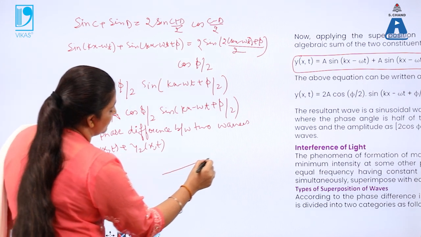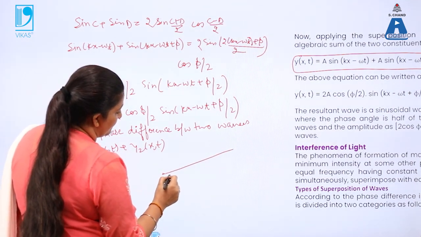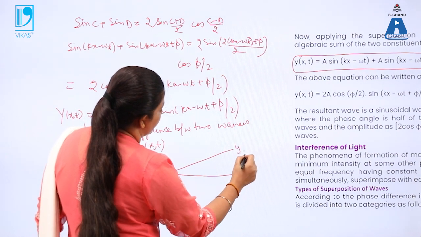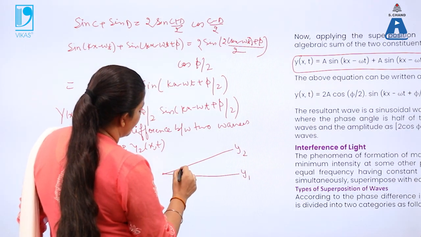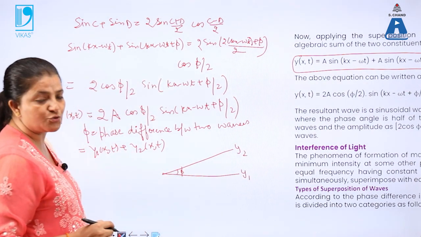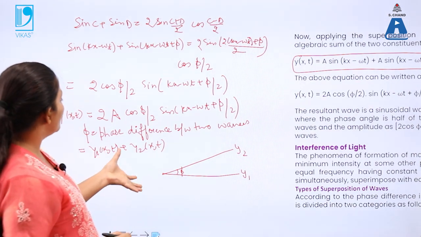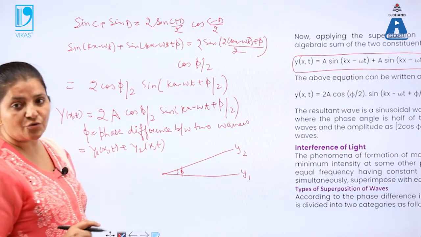If this is y1 over here and that is y2, then phi is the phase difference between these two. We know that phi is taken as constant here.